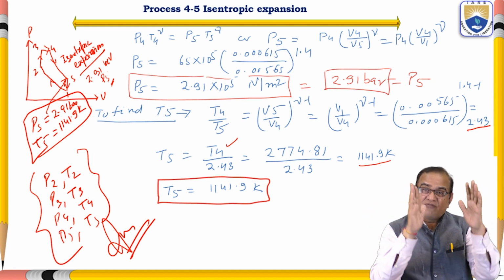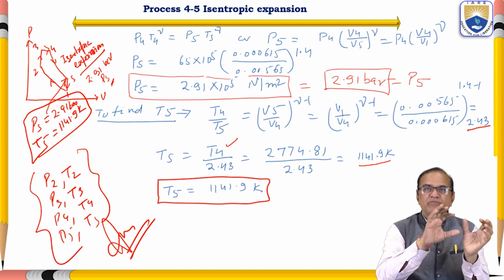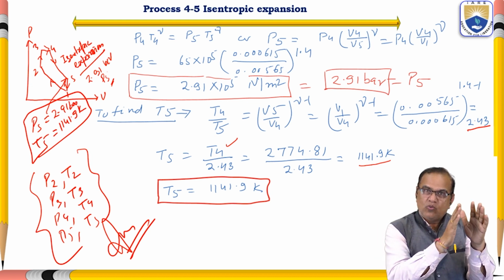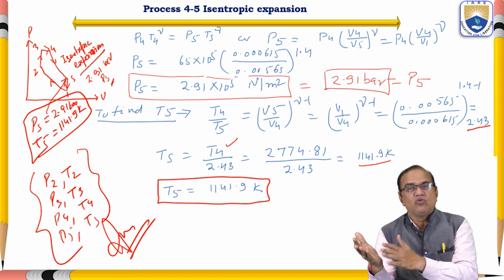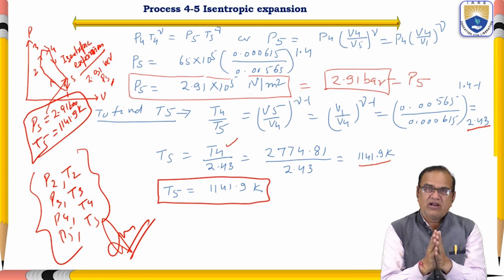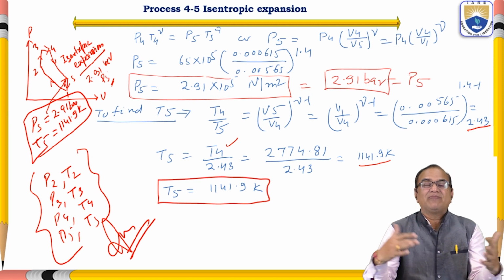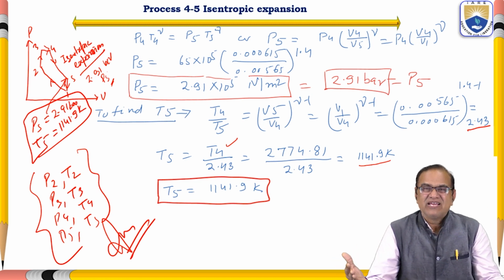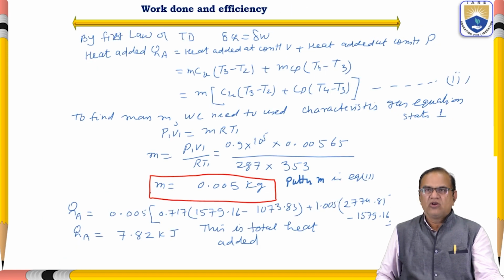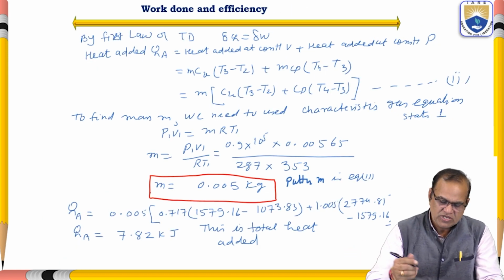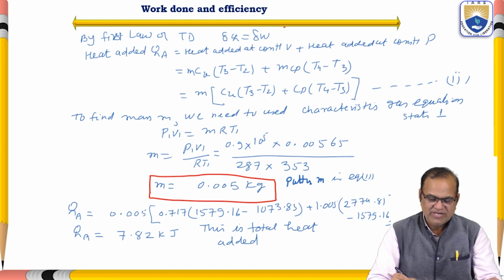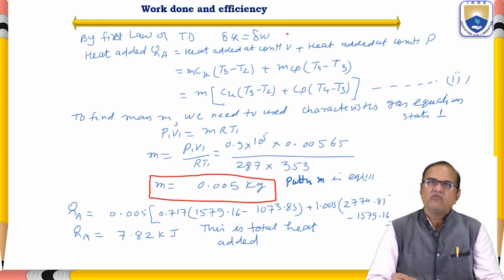The difference between supplying and rejecting the heat, Q in minus Q out, or QH minus QR, is equal to W. So work done and the efficiency we have to find out now.